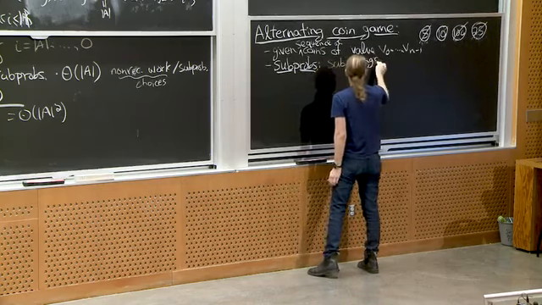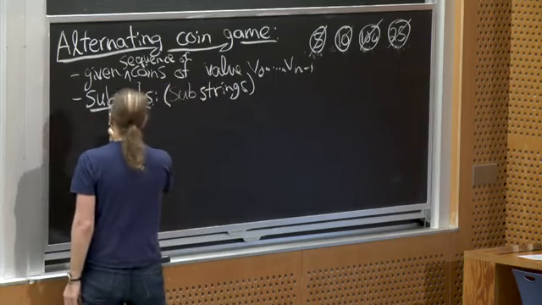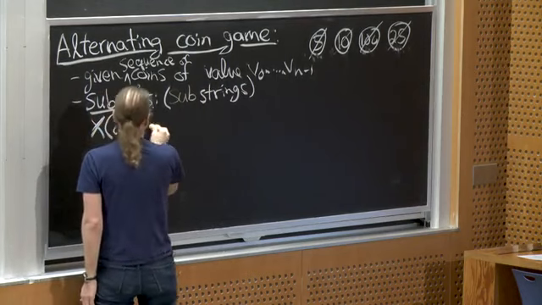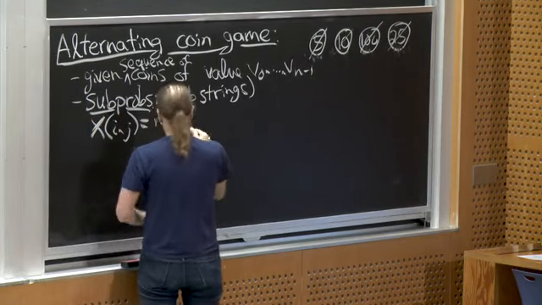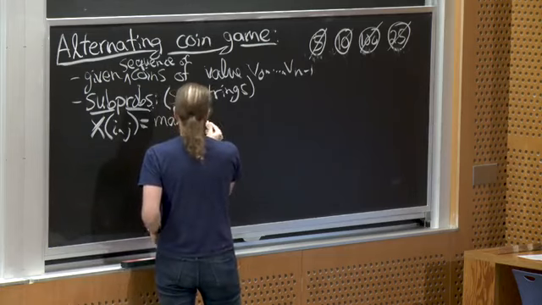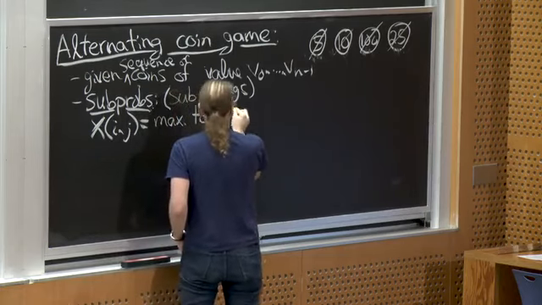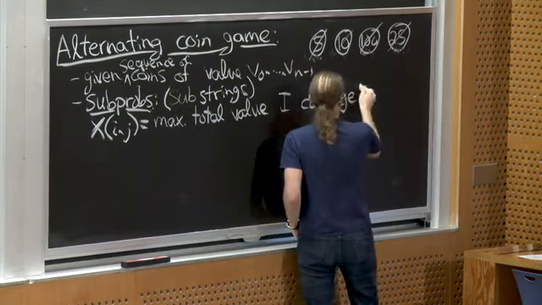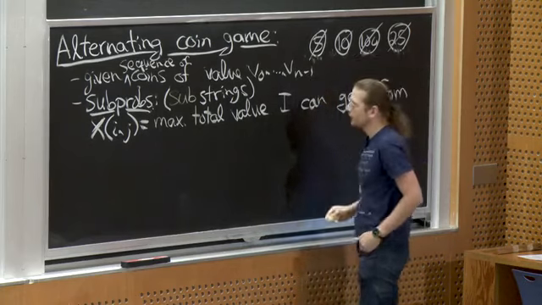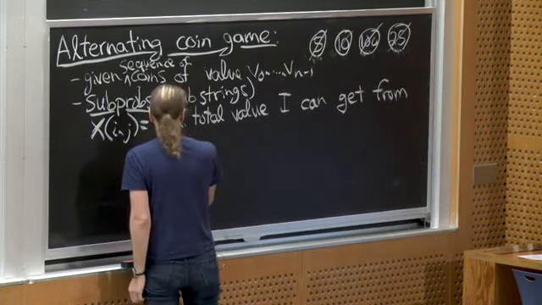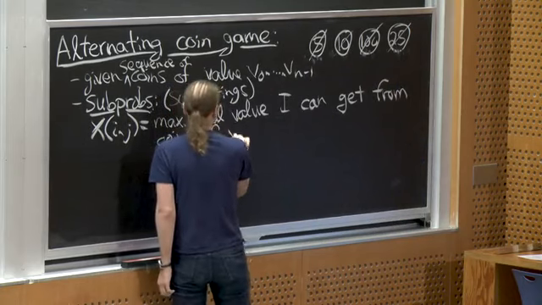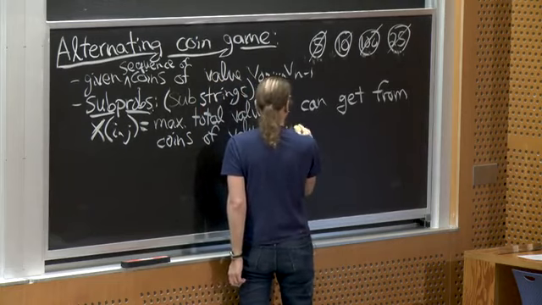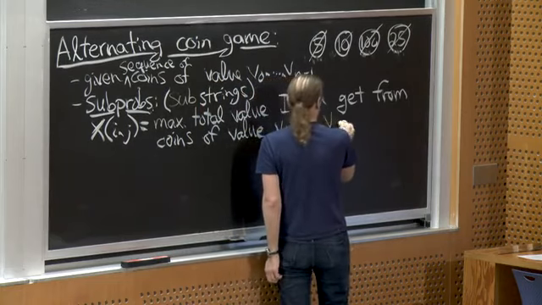So more precisely, this is just the intuition, we're going to define some generic x of i, j to be: what is the maximum total value I can get from this game if we play it on coins of value vi to vj.